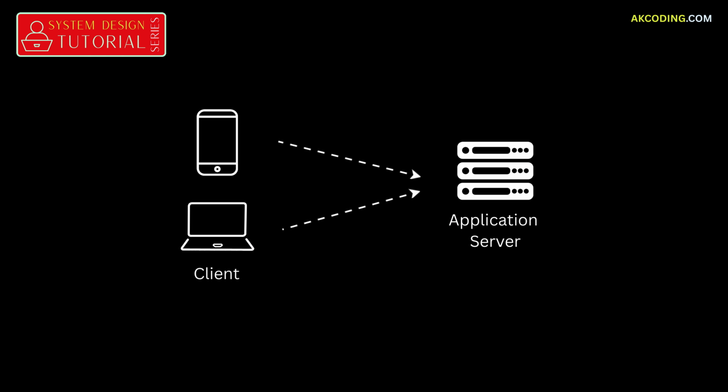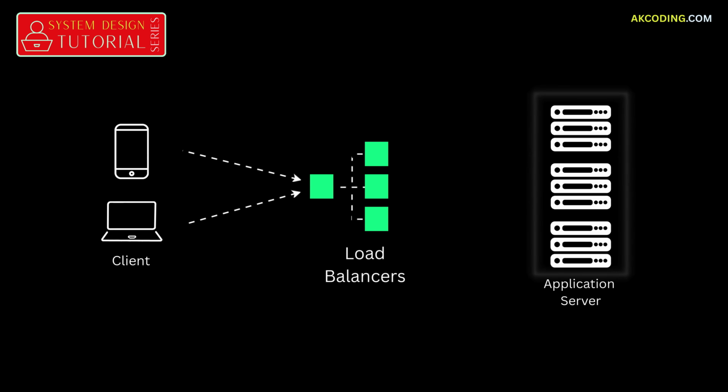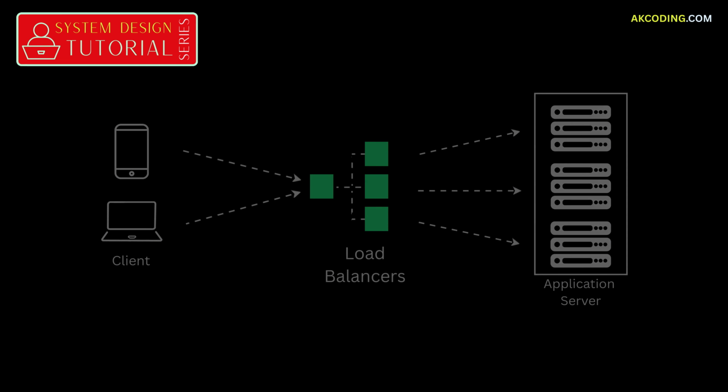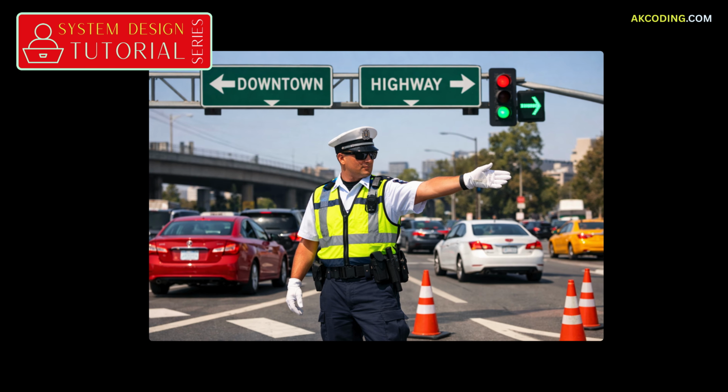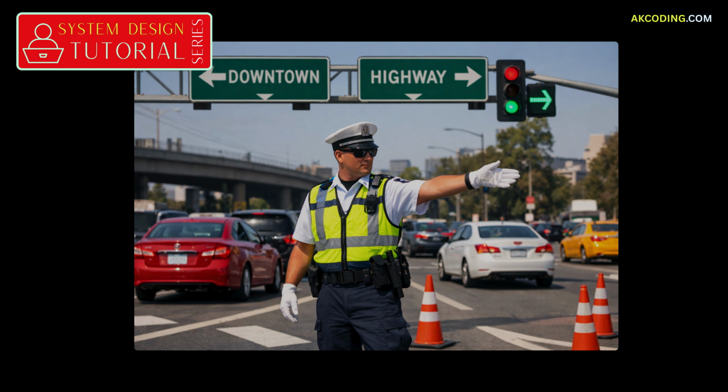What is a load balancer? A load balancer is a component that sits between clients and servers, distributes incoming traffic across multiple backend servers, and ensures no single server is overloaded. Think of it like a traffic police directing cars to different roads to avoid traffic jams.